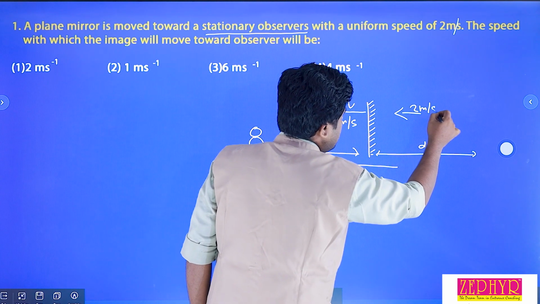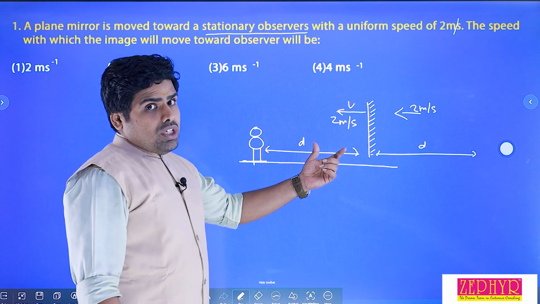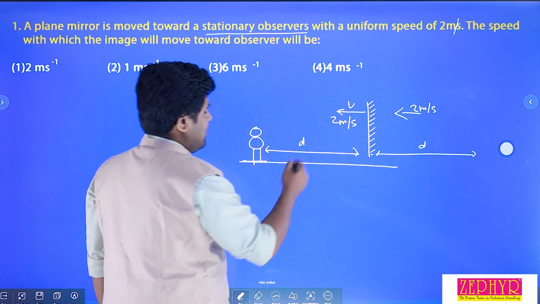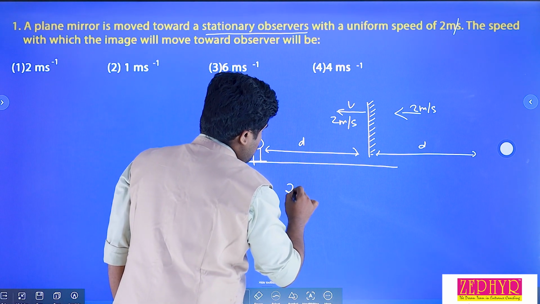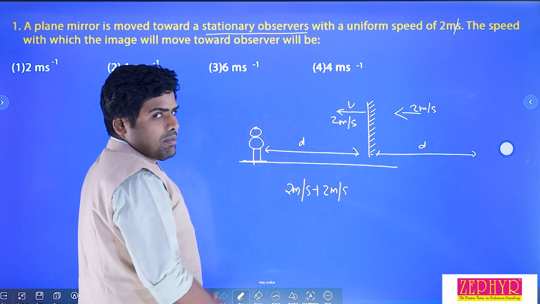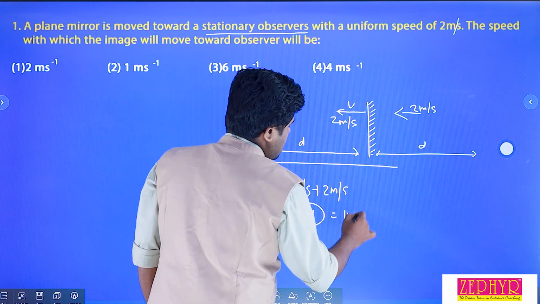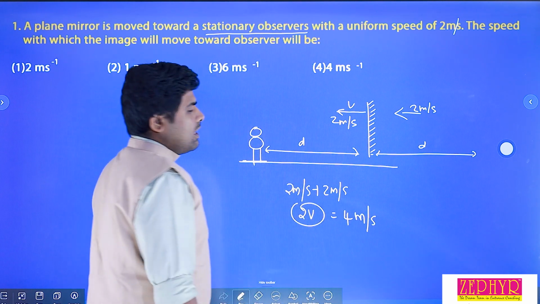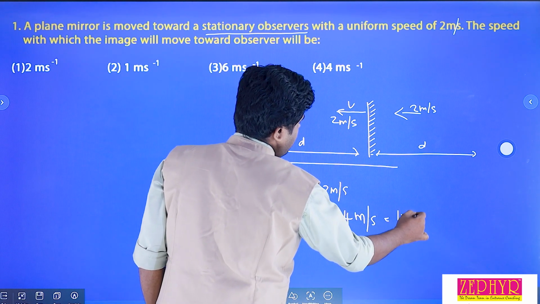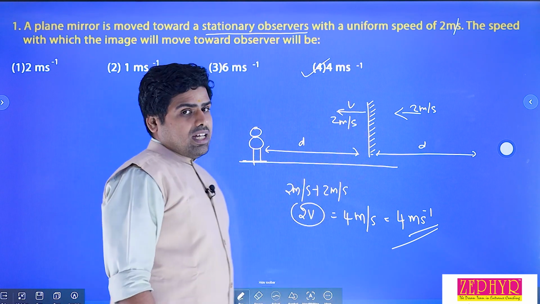So the net velocity of the image moving towards the observer is 2 meters per second plus 2 meters per second, that means 2v. Its answer is 4 meters per second, also written as 4 meters second raised to minus 1. Clear? So here option 4 is the right answer.